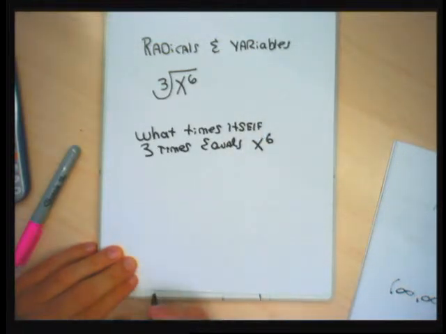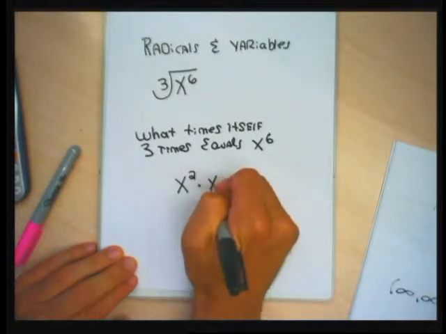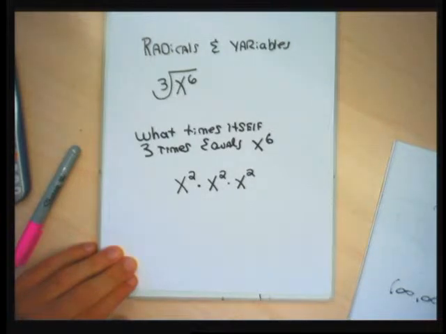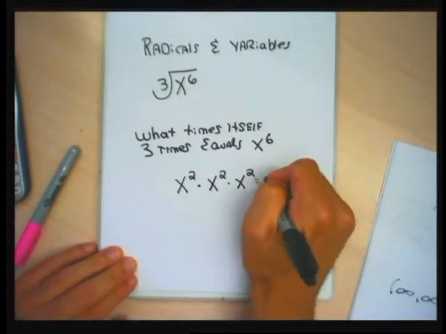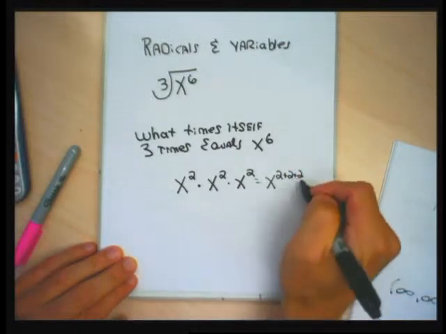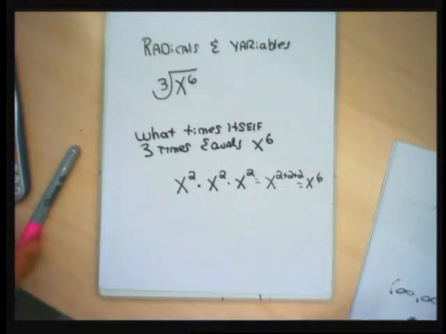Well, the answer is x squared, because if I multiply x squared 3 times, when you're multiplying with like bases, you add the exponents, and x squared times itself 3 times is x to the 6th. How do I get x squared for an answer?